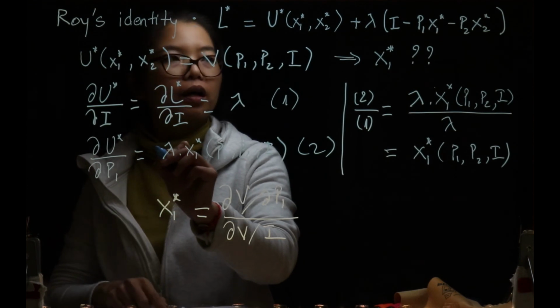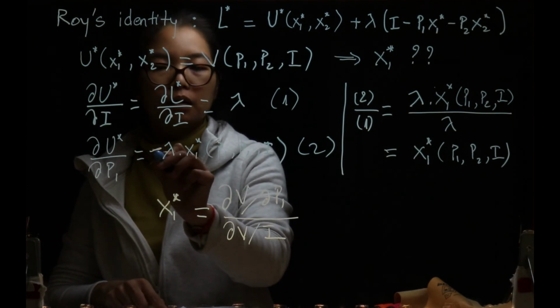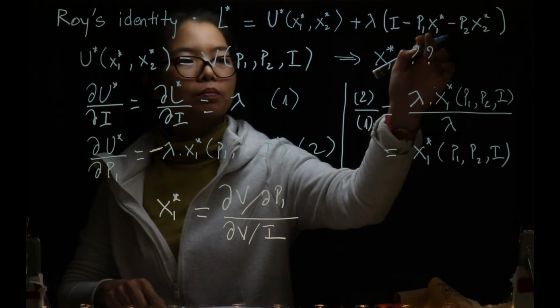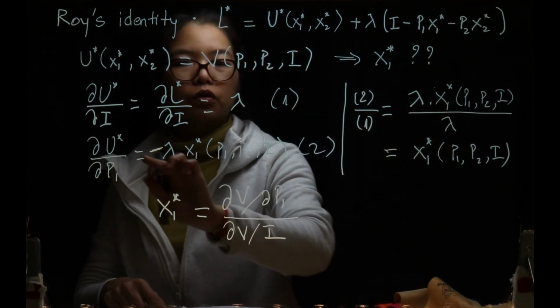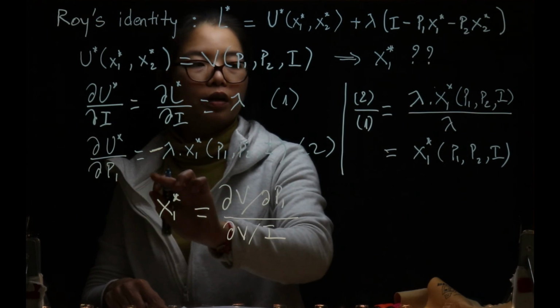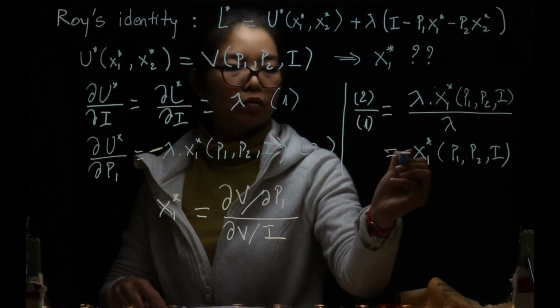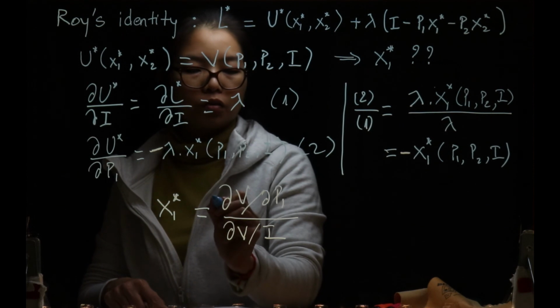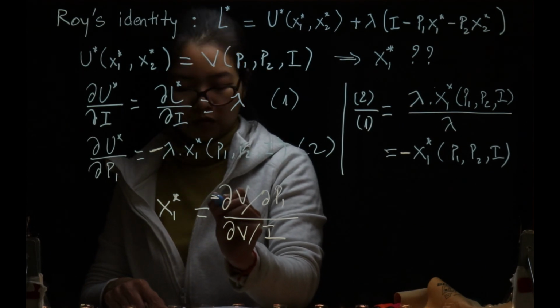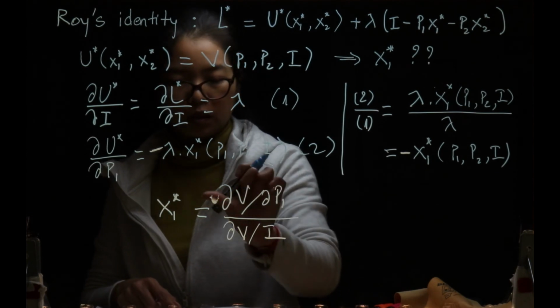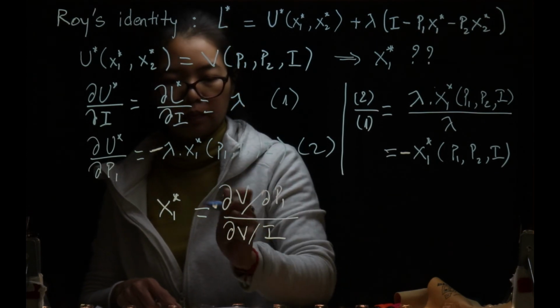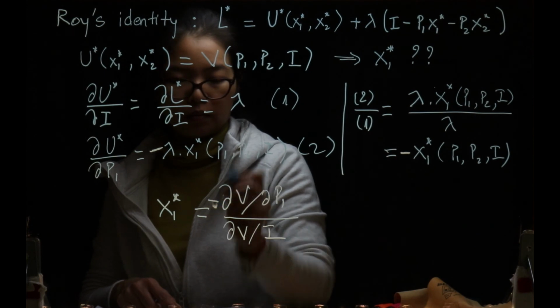I missed something here. Here it should be minus, right? Because here is minus. So if you take this derivative of this, that will be minus over here. So consequently, you must have a minus. This is too ugly.